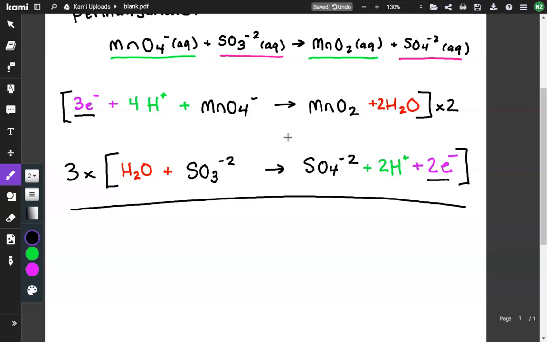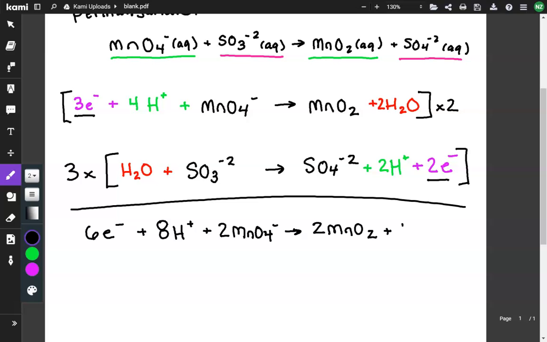So let's see, that'll be 6 electrons plus 8 hydrogens plus 2 MnO4 minus, 2 MnO2 and then 4 H2Os. Is that right? That looks right.